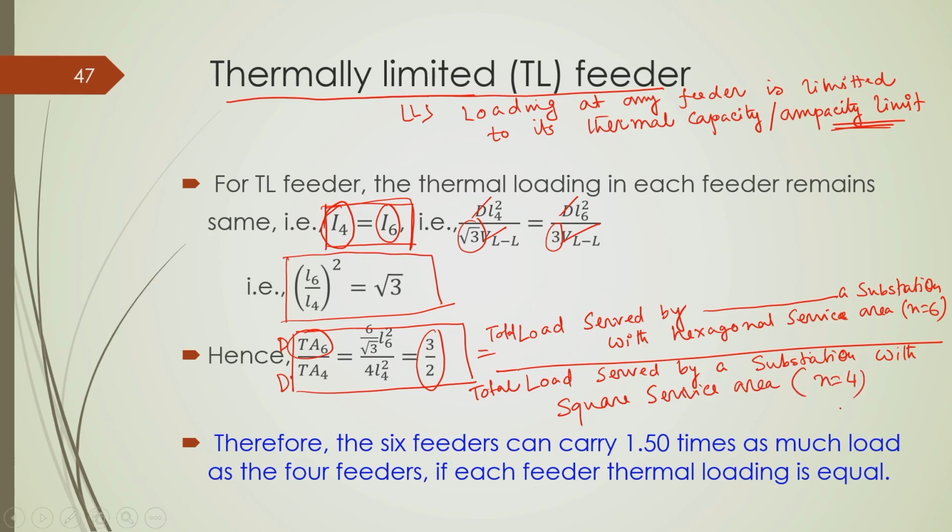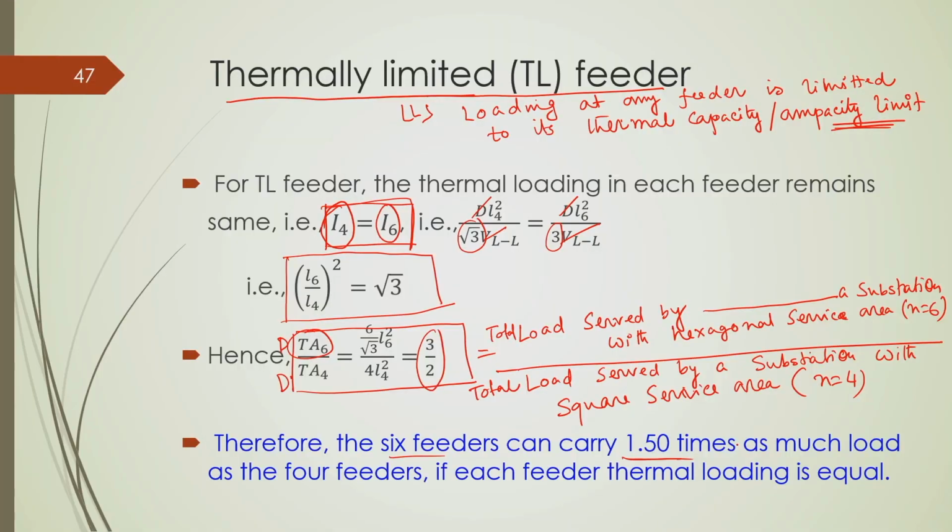So, if it is the case, then you can see a substation having 6 feeders is carrying of course 1.5 times as much load as a substation having 4 feeders, if your loading is limited by the ampacity limit, that is the thermal capacity limit.